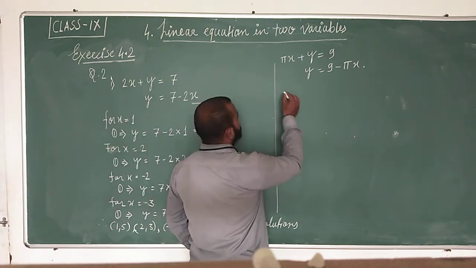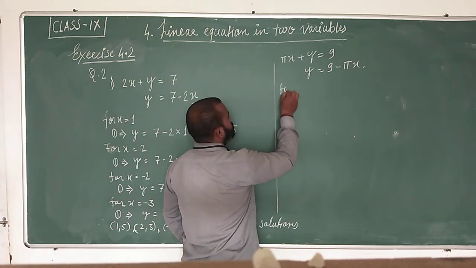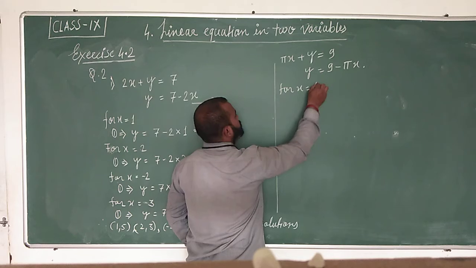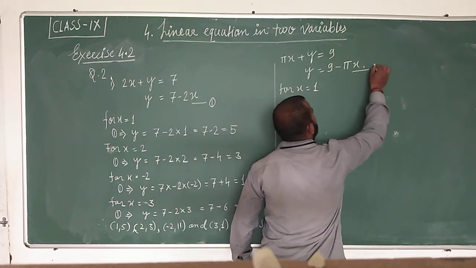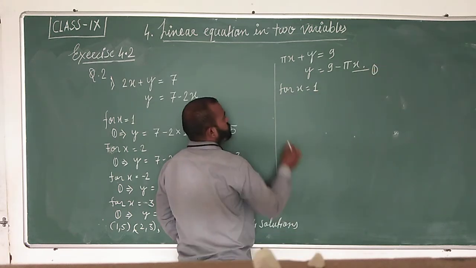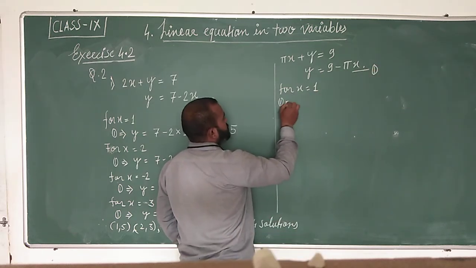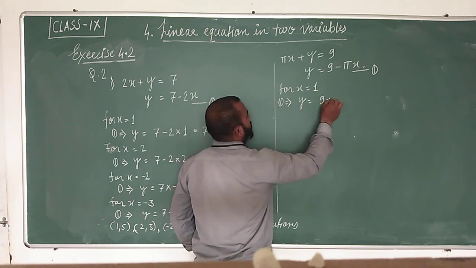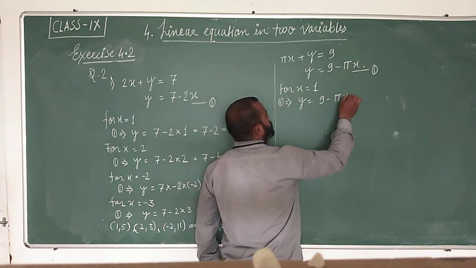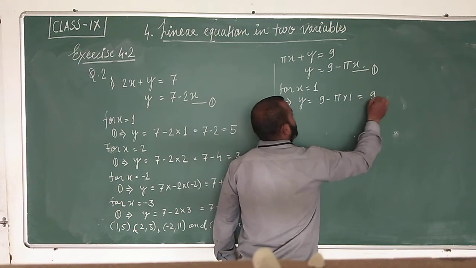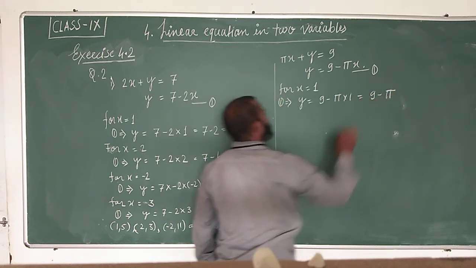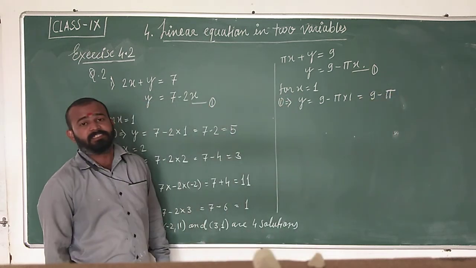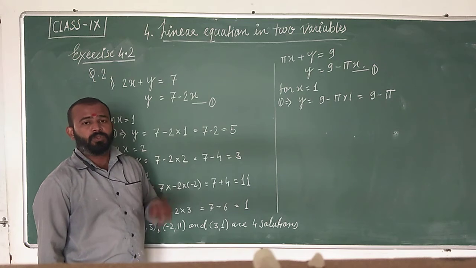For x equals 1, what will you get? Equation 1 will give y equals 9 minus pi into 1, that is 9 minus pi. No need to put the value of pi, it is irrational. You don't know the perfect value of it, whether 3.14 or 22/7.